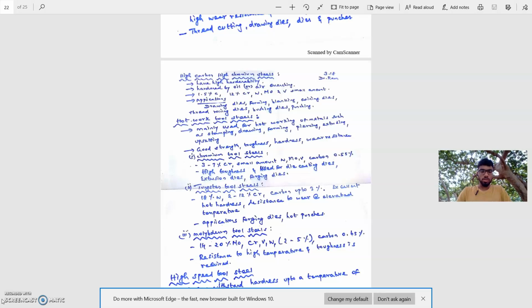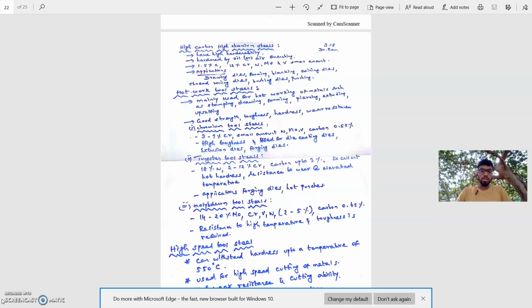Firstly, chromium tool steels. They consist of chromium 3 to 7% and small amounts of copper, molybdenum, vanadium, and carbon of 0.55%. They have high toughness and are used for die casting dies, extrusion dies, forging dies.